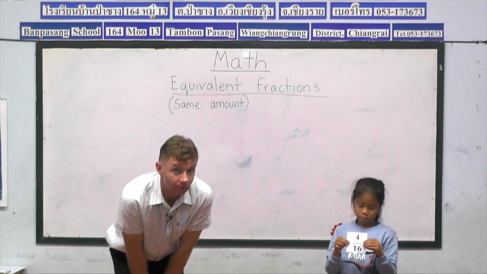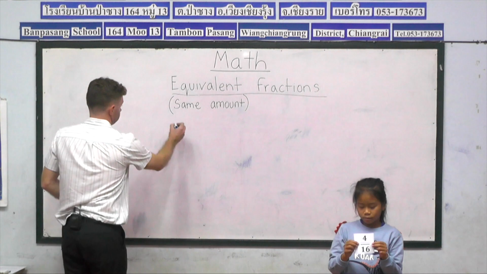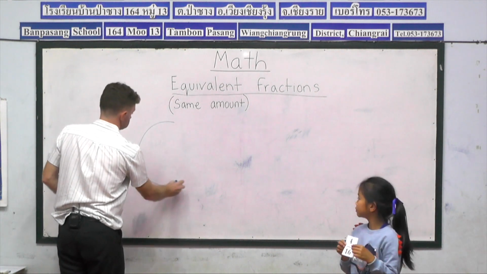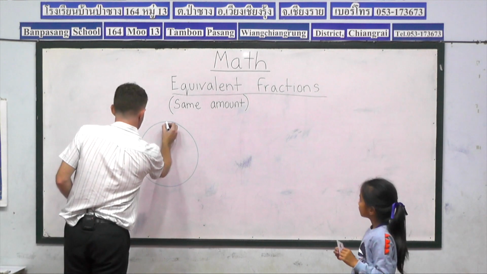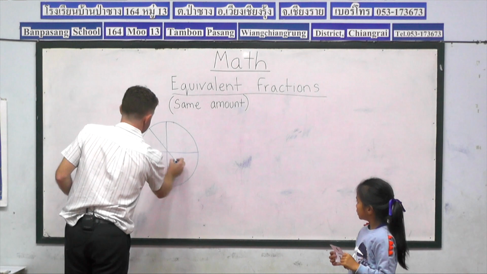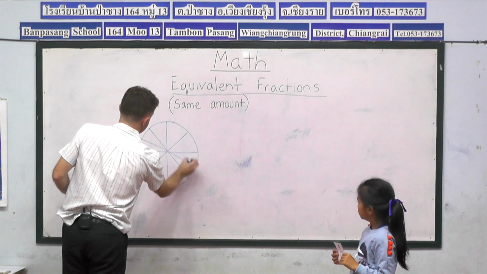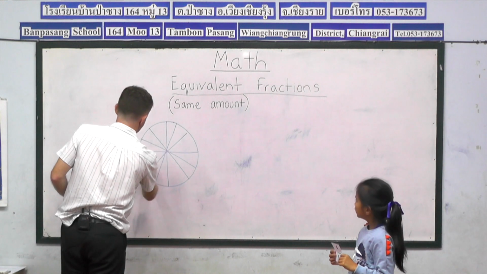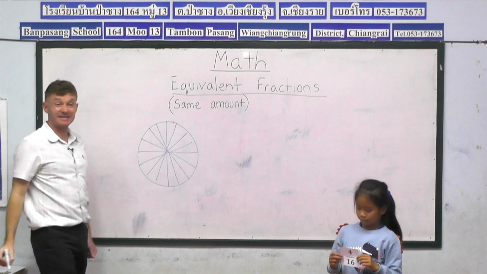4/16. Wow, okay, 4/16. So I'll do the first fraction. How many parts, guys? 16. So let's see. 2, 4, 6, 8, 10, 12, 14, 16 parts.